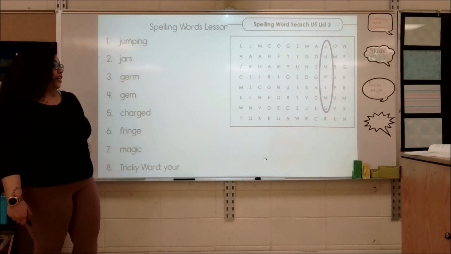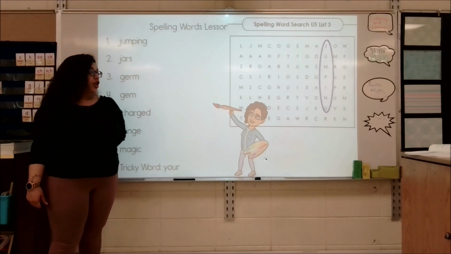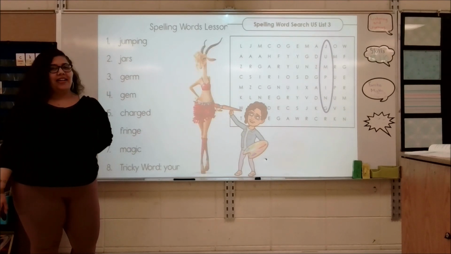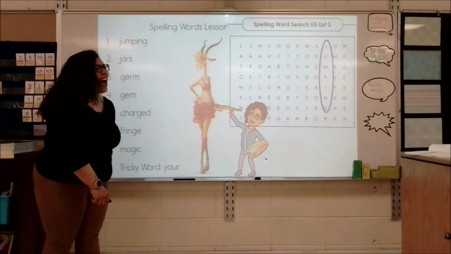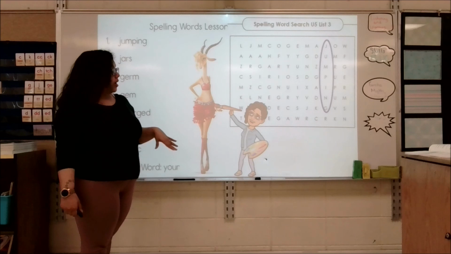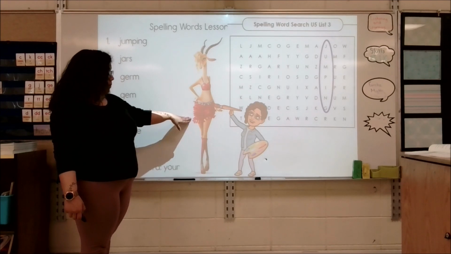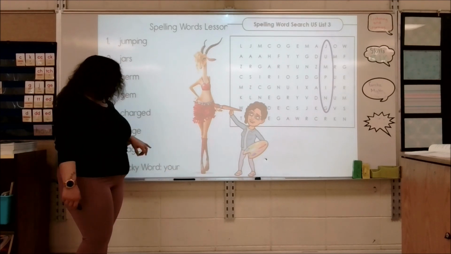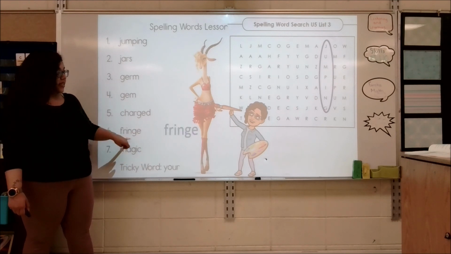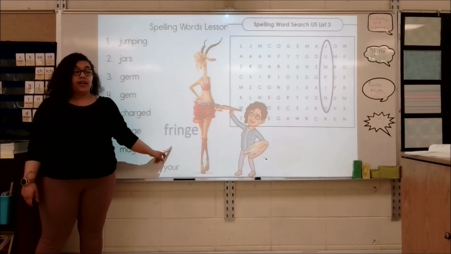I found jumping. Good. So in addition to the word search, you're going to draw pictures. And I drew one for you. I cut and pasted and put it there. But you're going to draw a picture. Now, I chose this one on purpose because this is the word that I feel like it is the hardest to explain. And this is my picture for the word fringe.